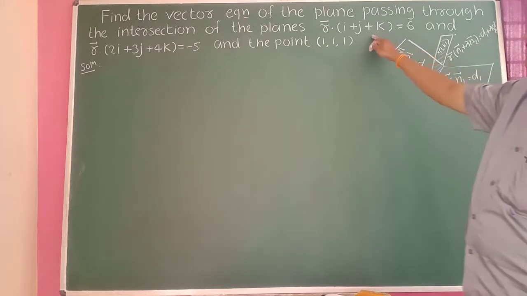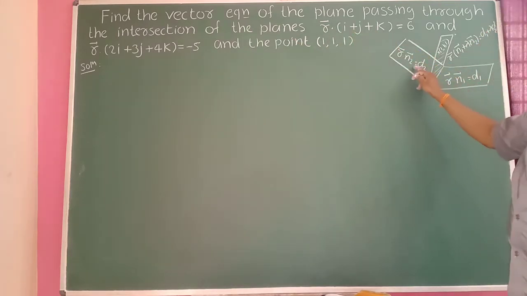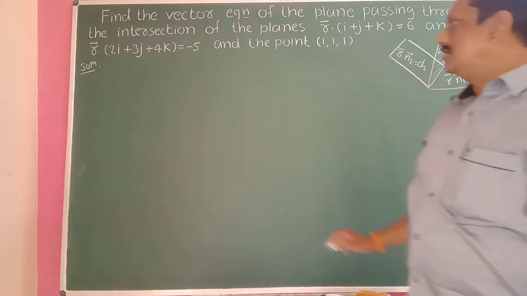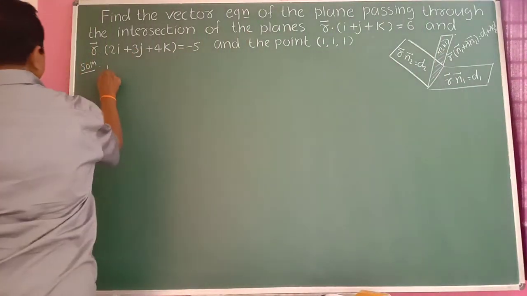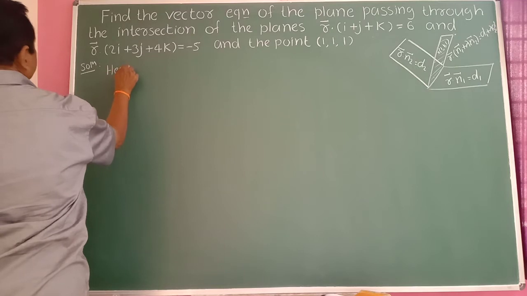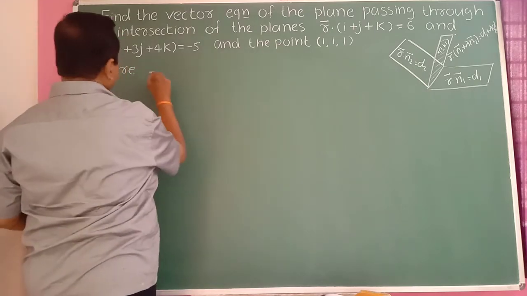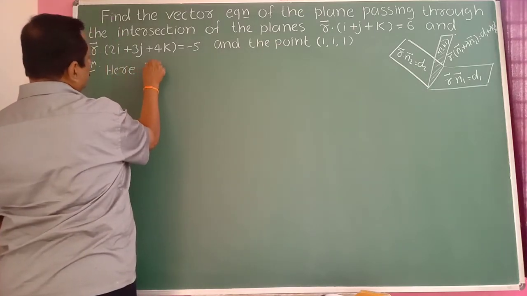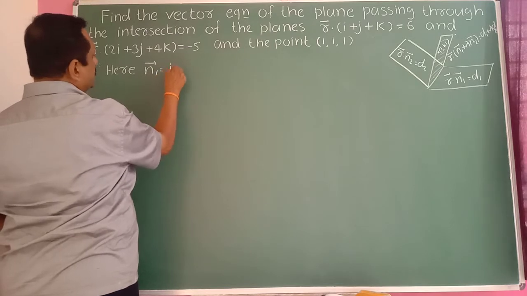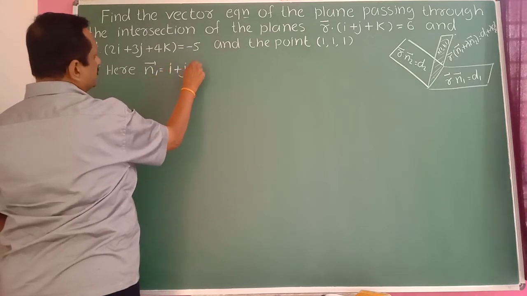So comparing the given equations with these two equations, in this example n1 bar is equal to i plus j plus k.